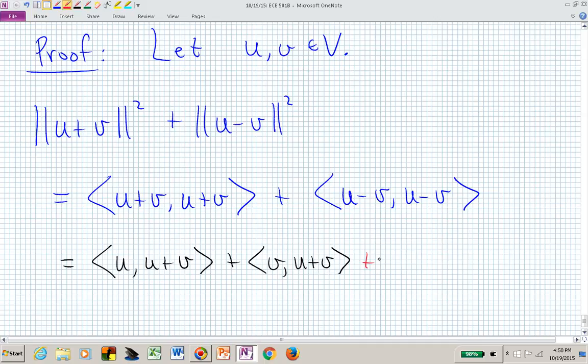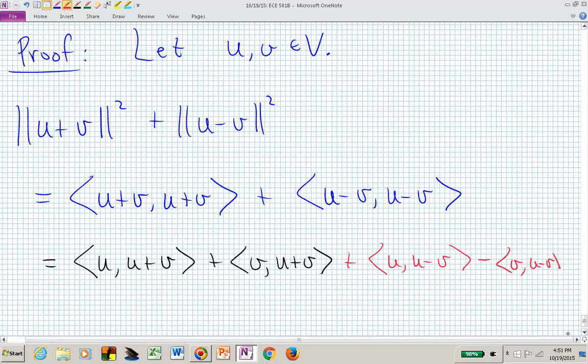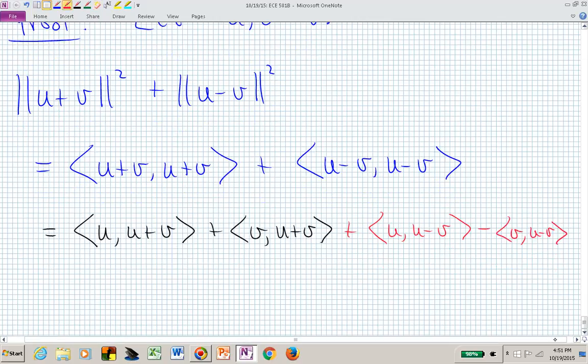And we then have plus u minus v with u minus v. Now keep me honest, make sure I'm not writing something wrong. What do we know about additivity of the second slot?